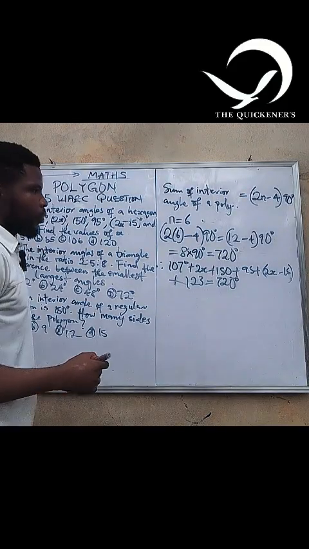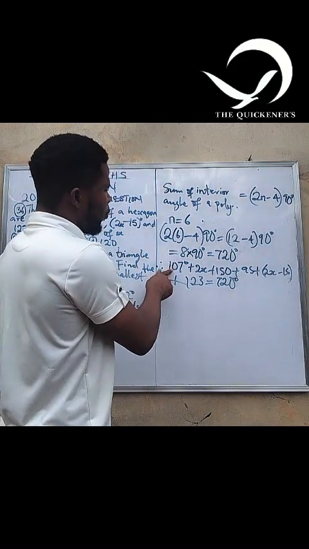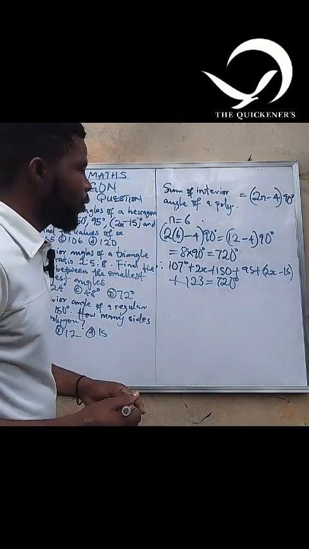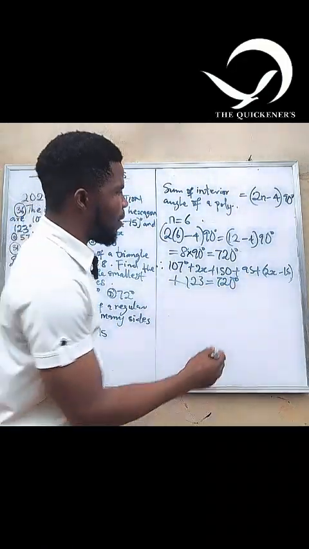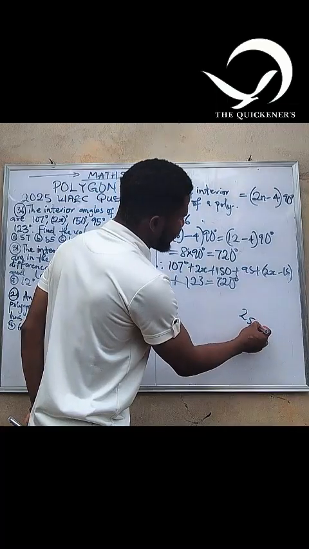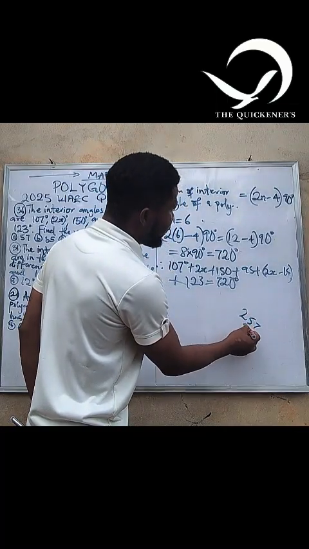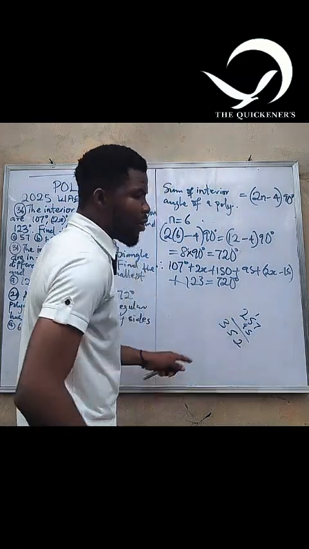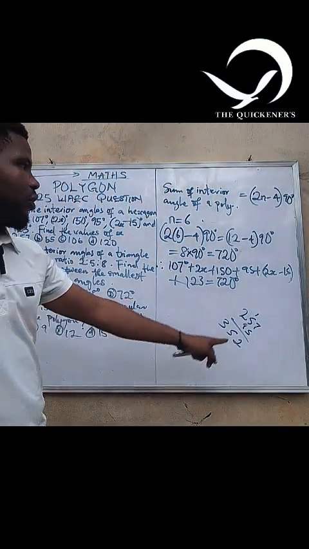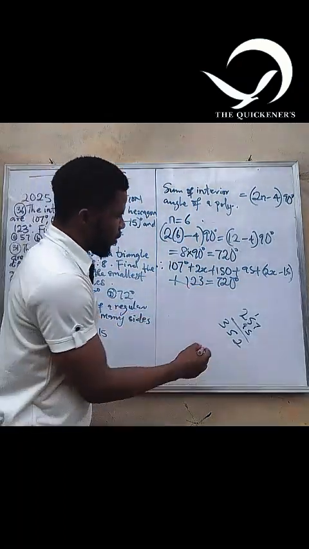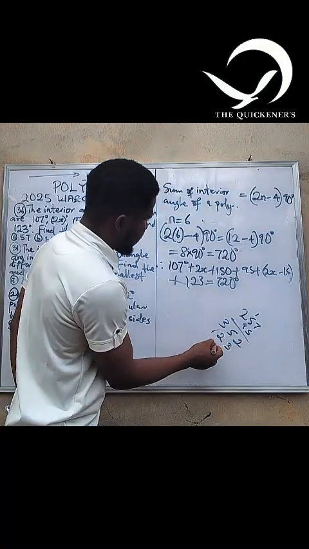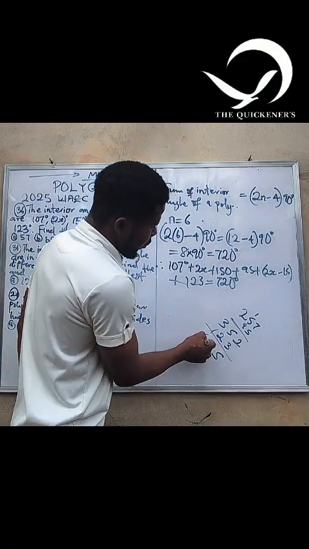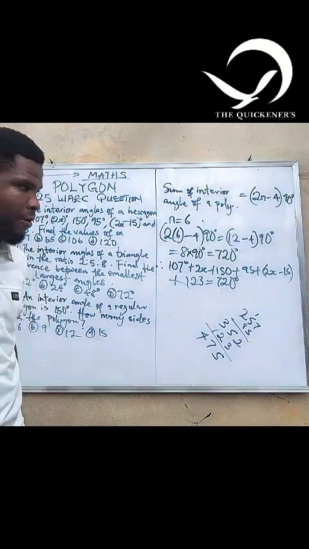Alright, so let's add now. 107 plus 150, that will be 257. 257 plus 95, that will be 352. 352 plus 123 is 475, right?